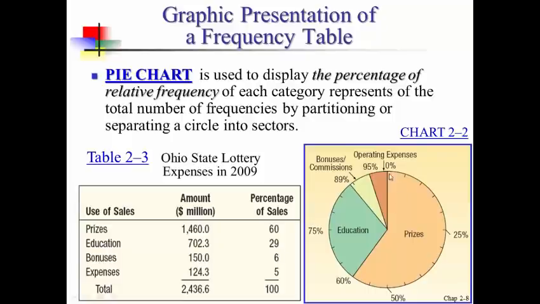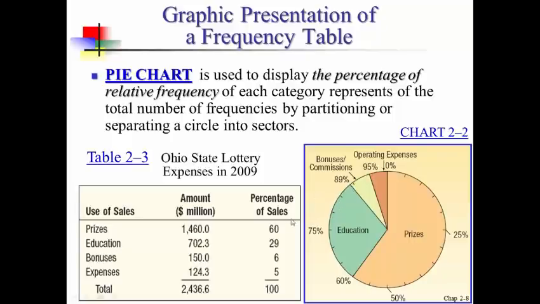And how about 29? I'm not starting from 0 again, because 0 to 60 already belongs to prizes. So I need to continue drawing, starting from 60. From 60 to this one, 65, 70, 75, 80, 85, 90.